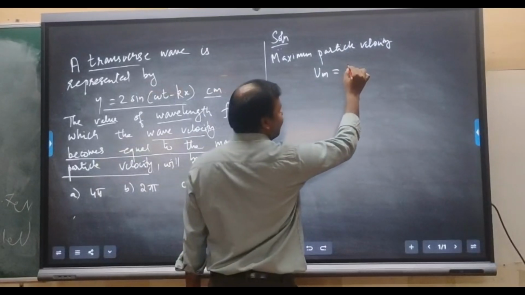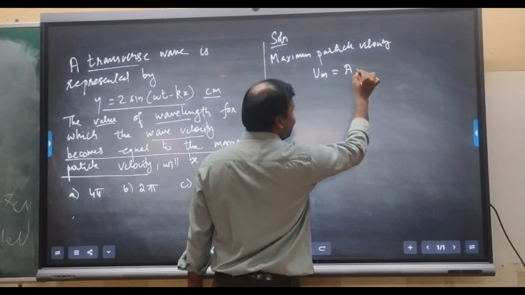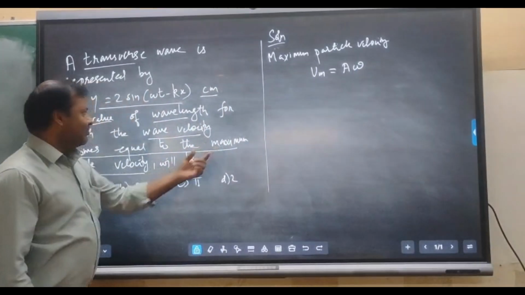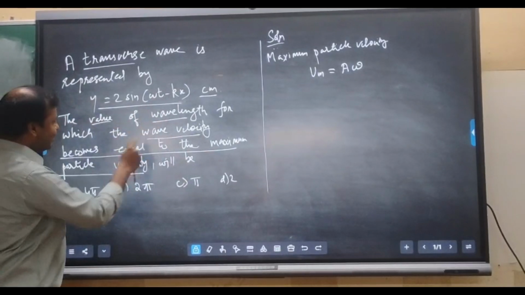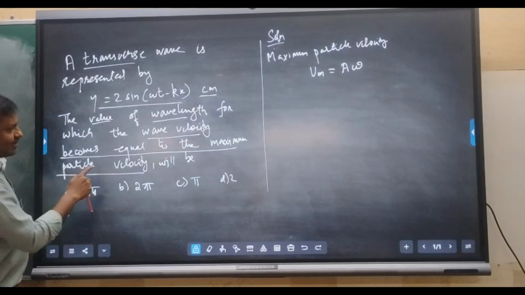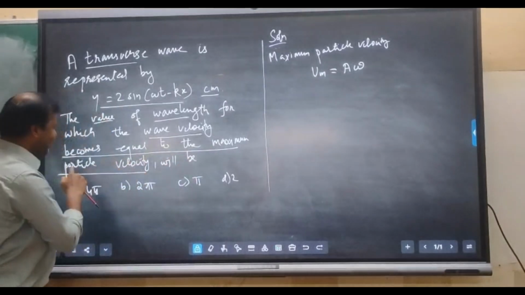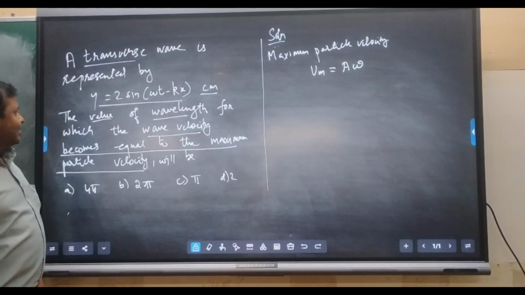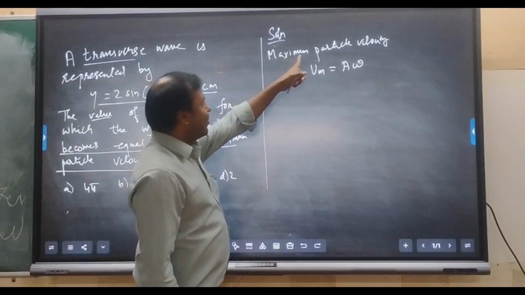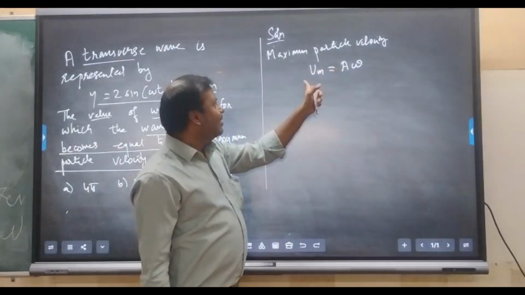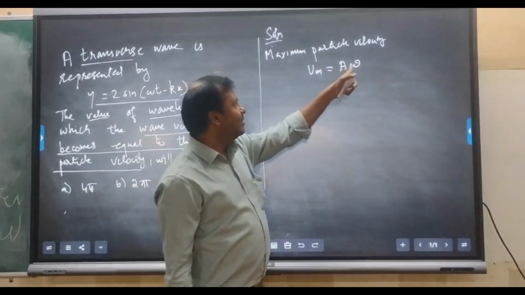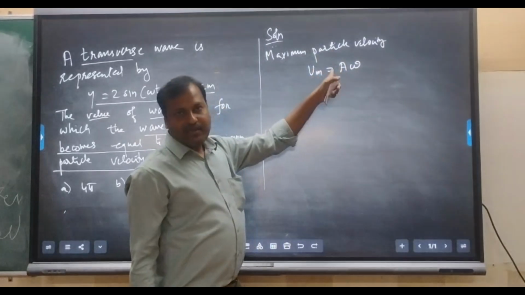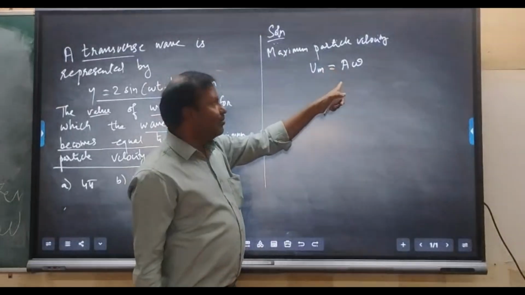That is equal to the maximum wave amplitude times the angular frequency of the wave. So Vm is equal to A times omega, where Vm is the maximum particle velocity, A is the wave's maximum amplitude, and omega is the angular frequency.